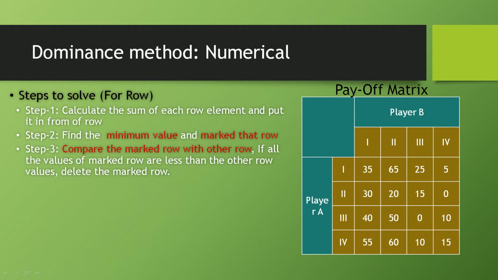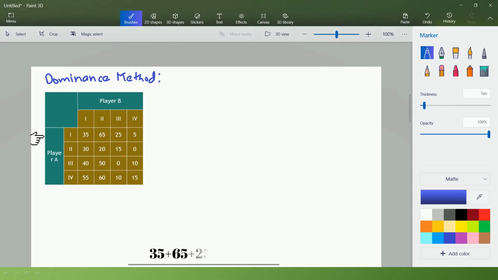Step 1 is to calculate the sum of each row's elements and put it in front of the row. So the sum of elements of the first row, 35, 65, 25, 5, is 135. The sum of the second row elements, 65, 70, 80, 140.